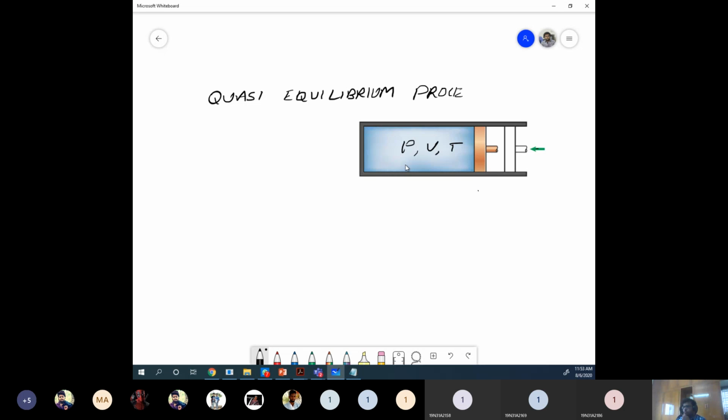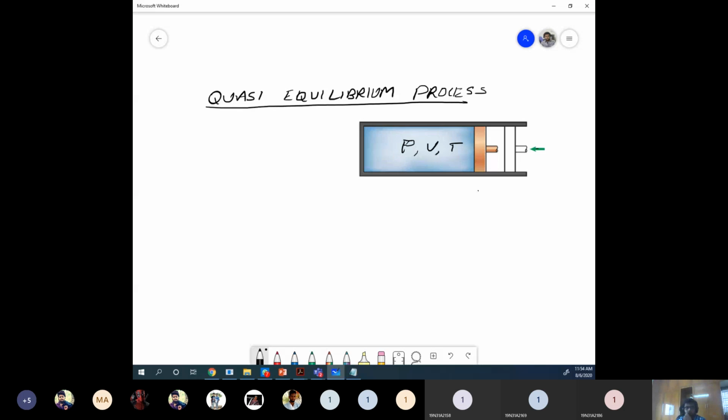If you are doing some mathematical modeling, at that time you have to simplify your number of variables. You should take as few variables as possible, in order to avoid the effects due to friction. Once there is friction, there will be some heat addition. So if you want to ignore all those things, then you should consider that the system undergoes a quasi equilibrium process.